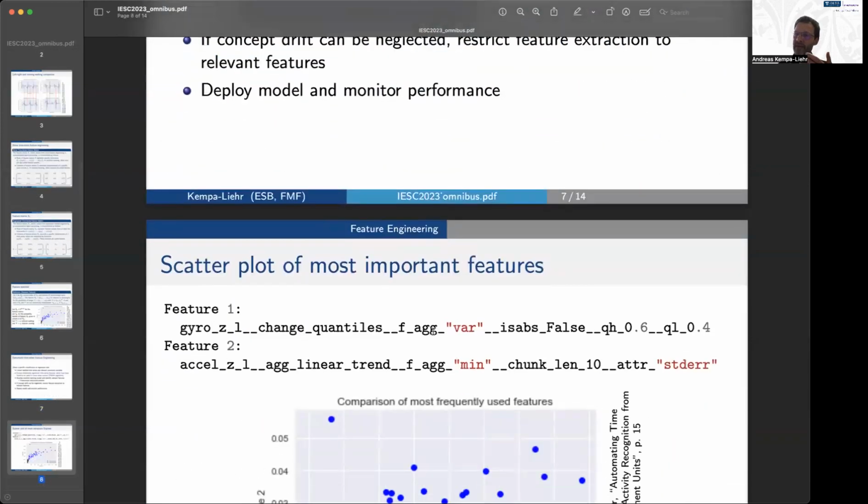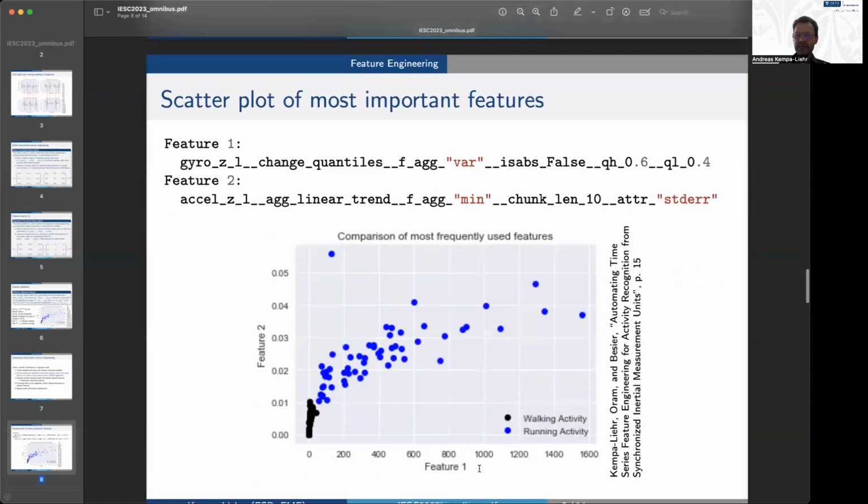Now, let's go back to the two features, feature 1 and feature 2, which had been identified as some of the most relevant features for discriminating running and walking. On the x-axis, feature 1 is this specific feature with this incredibly long name. This feature has been computed using the Python library tsfresh, and tsfresh has a consistent naming scheme.